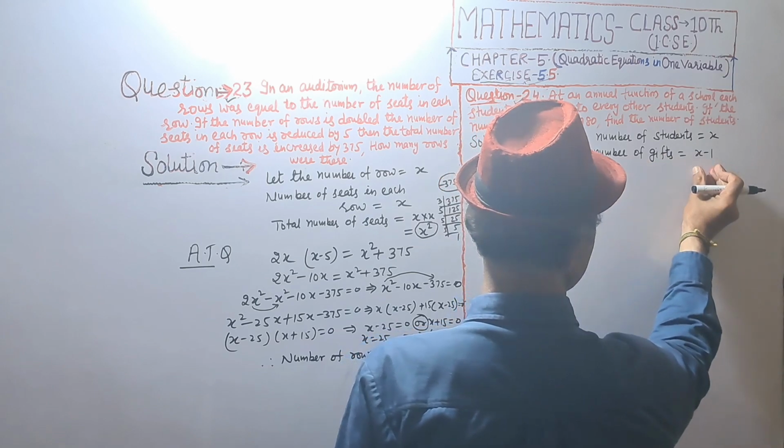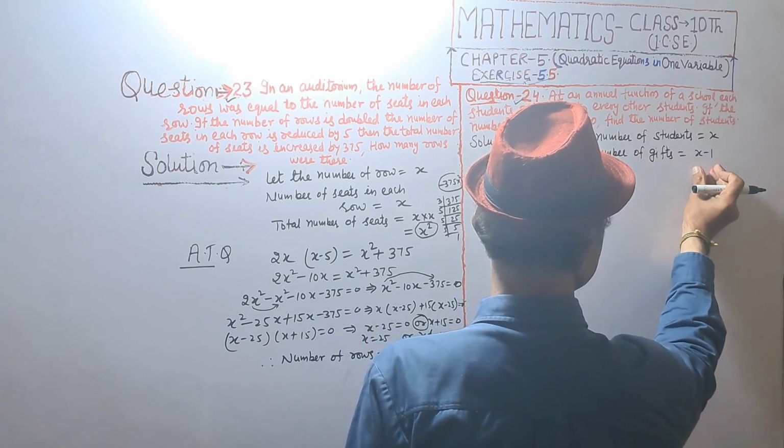Number of gifts given is equal to x minus 1.